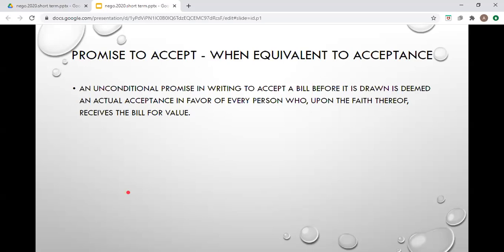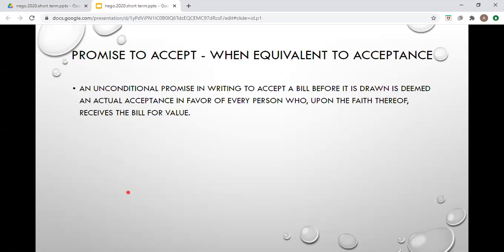And if you have placed your written promise to accept, to whom are you now liable? Again, just like in that situation whereby you have accepted the instrument in an allonge, you are liable also only to those individuals who have seen that promise to accept in writing and who on the face thereof receive the same for value.